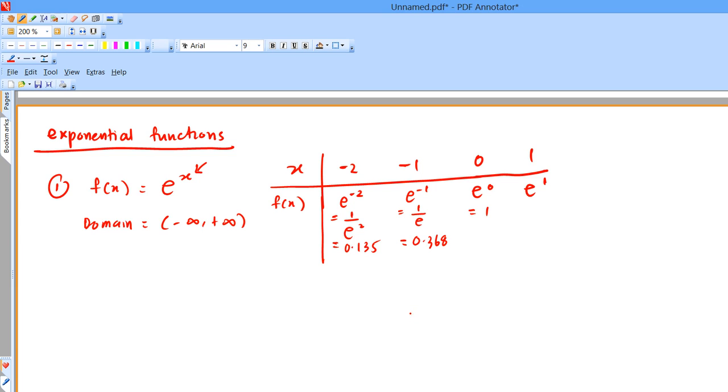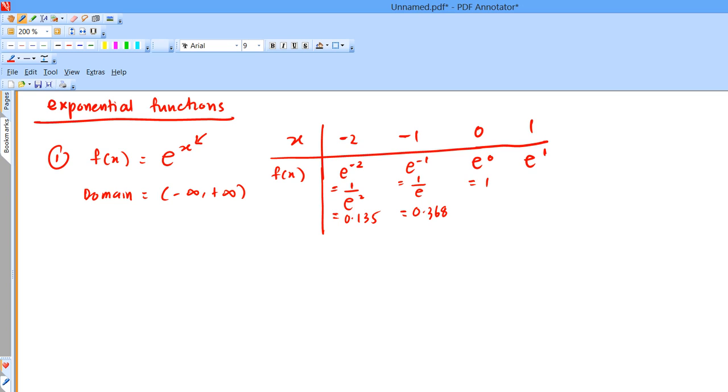So based on the graph, this function looks like this. Since at x equal to 0, f(x) equals 1, this is how our graph looks.